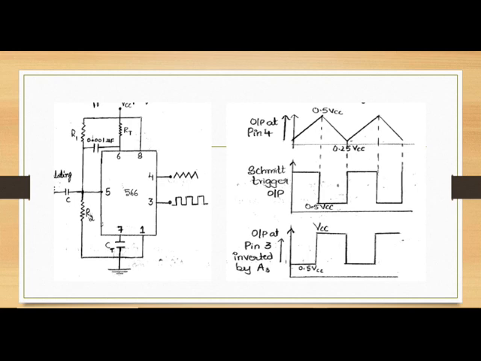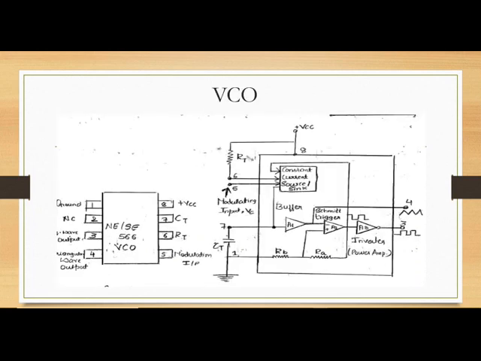This goes on repeating. So the capacitor charges and discharges for the same amount of time, thus giving a triangular voltage across it. The square wave output is taken from op-amp A2, but not directly: it is inverted and then obtained at pin number 3.